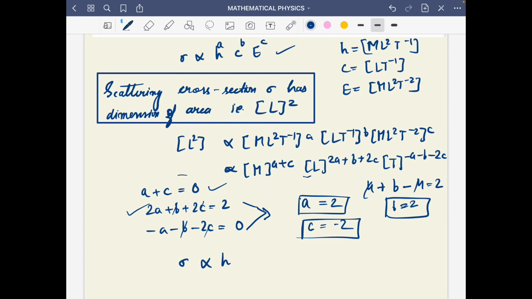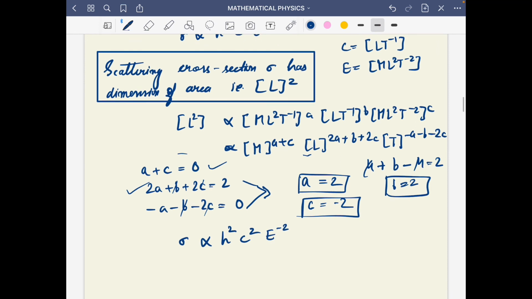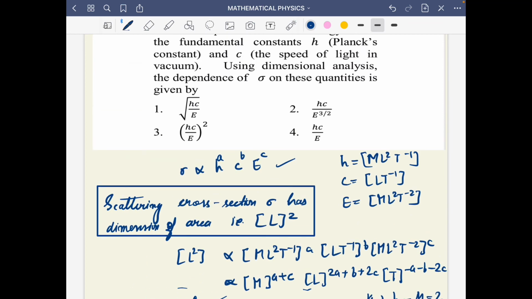H to the power a, which is 2, H square, C to the power b, which is 2, again, E to the power c, which is E to the power minus 2. Right. So we will have an equation of the form (HC by E) whole square. I hope I am correct. Yes, option 3 matches here.